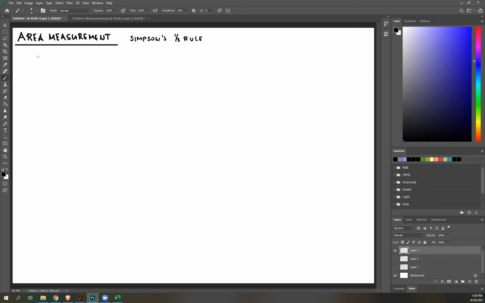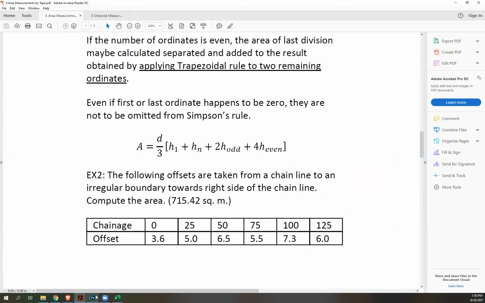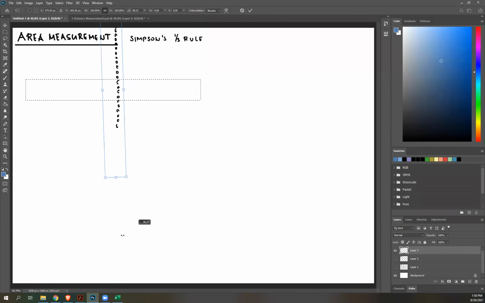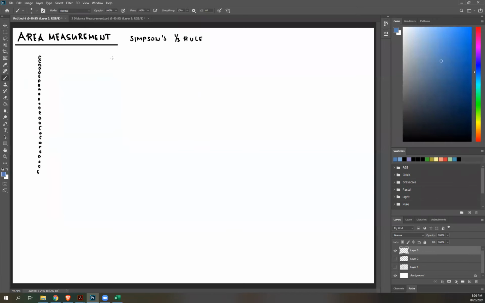Again we have chainage. This is your 0 mark. The irregular boundary is towards the right of the chain line. So this is your chain line, and this is your irregular boundary to the right.